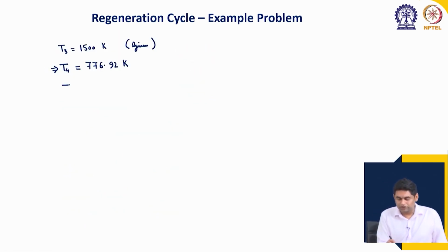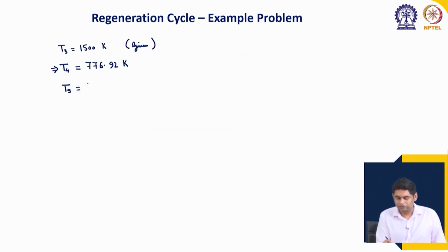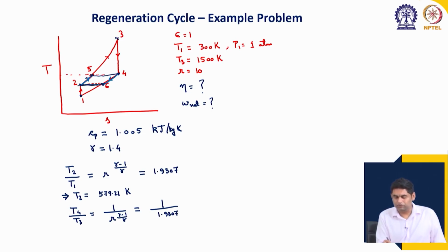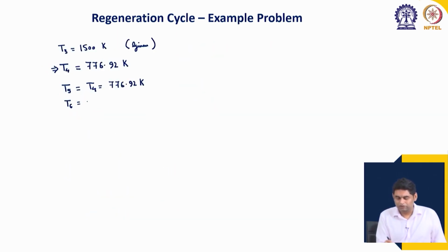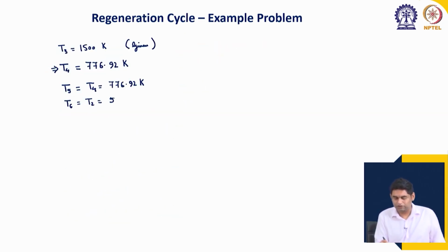So, we know that T5 is equal to what value? T4, which we have just now obtained to be 776.92, and T6 is equal to which value? T2, right, which we had obtained in the previous slide as 579.21 Kelvin.